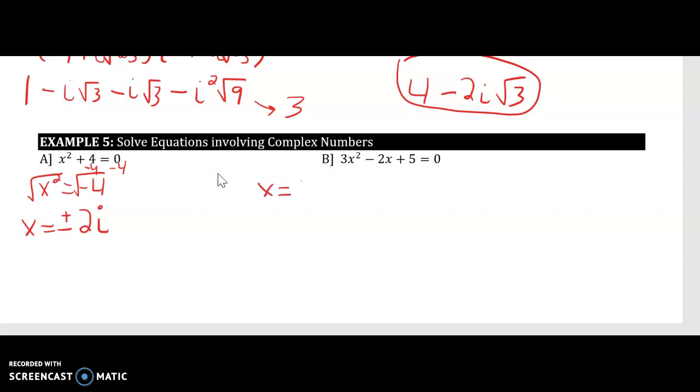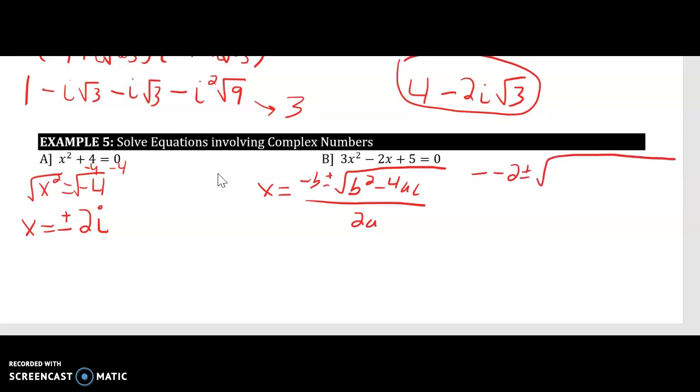So if you recall, it's negative b plus or minus square root b squared minus 4ac, all over 2a. So we're going to have negative 2 plus or minus square root of negative 2 squared minus 4 times 3 times 5.